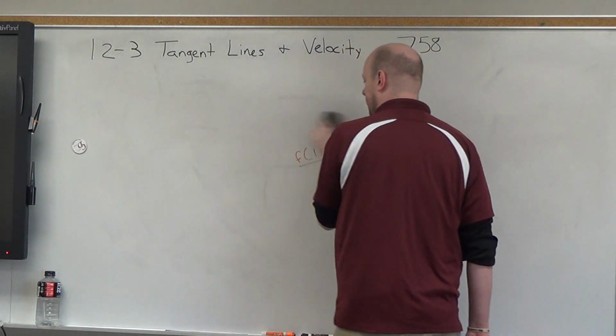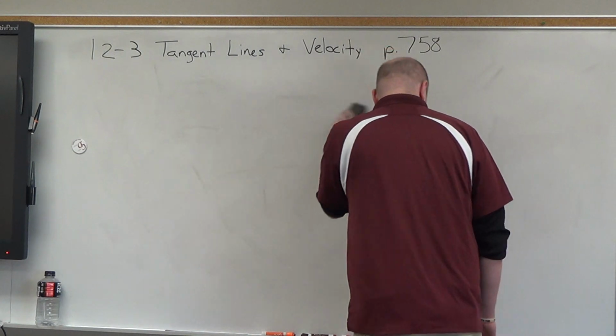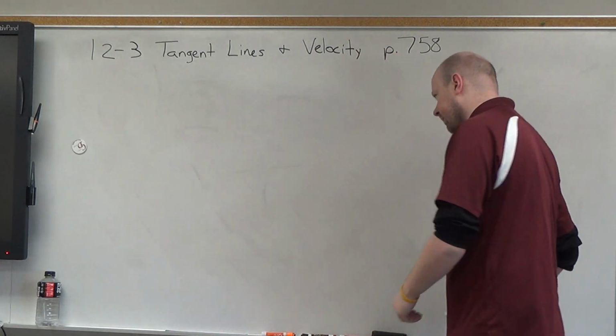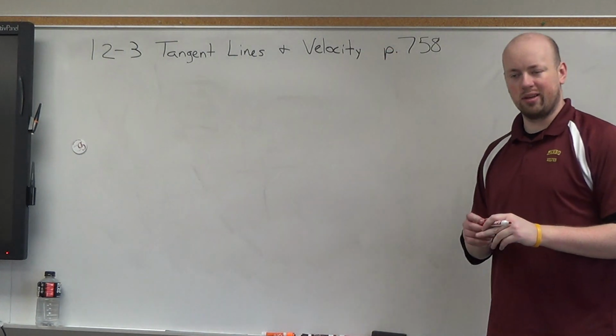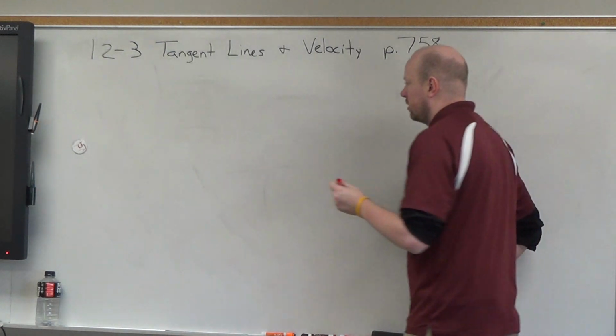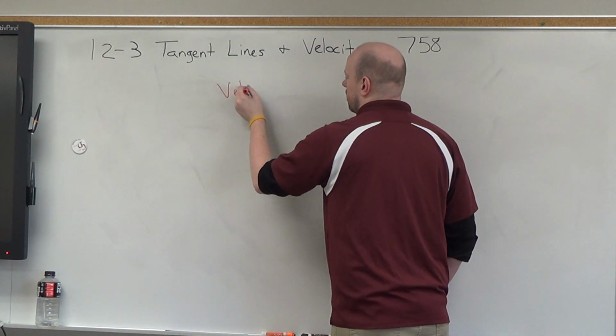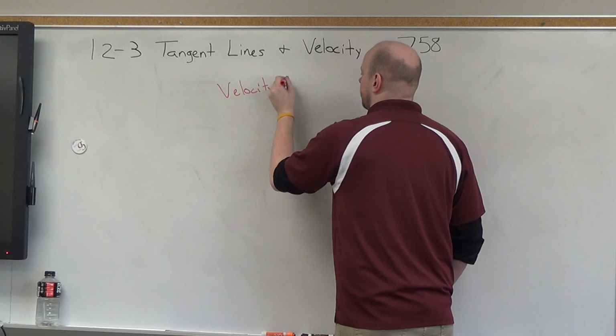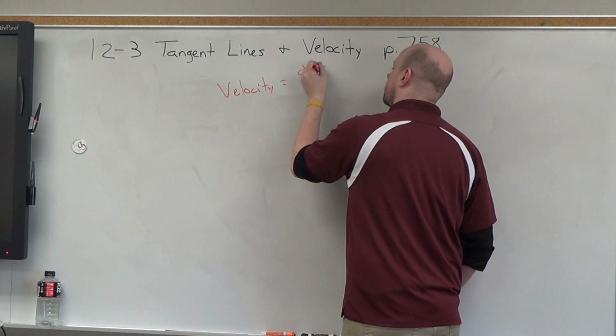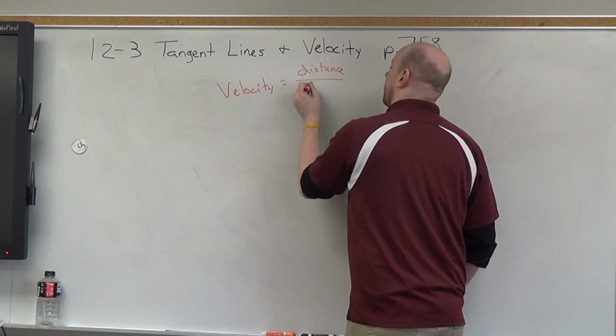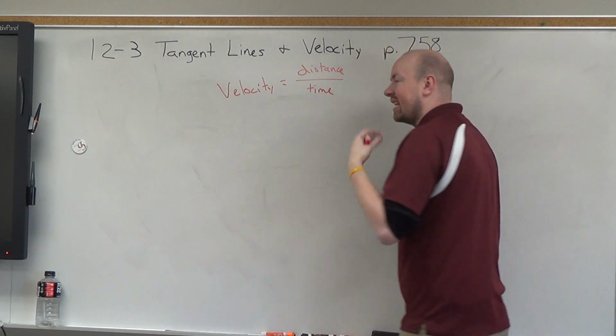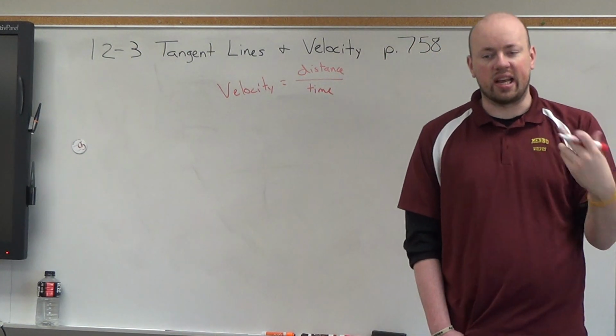Okay, now we're going to talk a little bit about velocity. So those of you in physics will have a pretty ahead version of this. So the idea is that velocity is just distance over time. If we want to get technical with it, it's just a speed in a given direction.